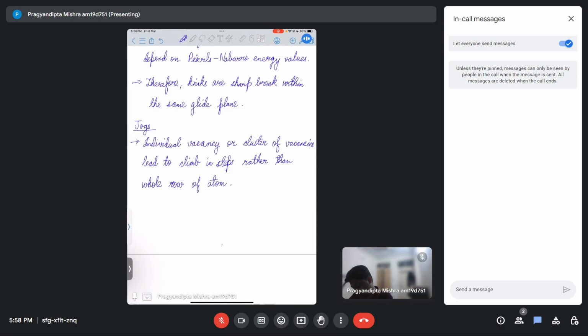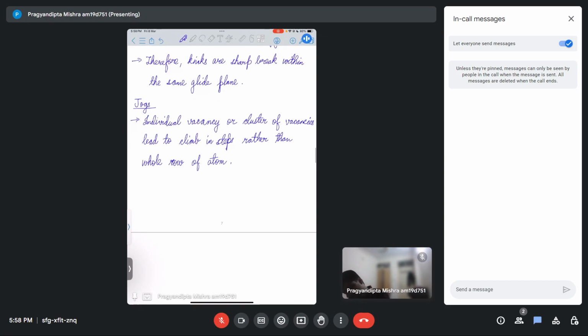So let's draw this and see how this looks like. I've already drawn a climb motion, so this is exactly similar to that.